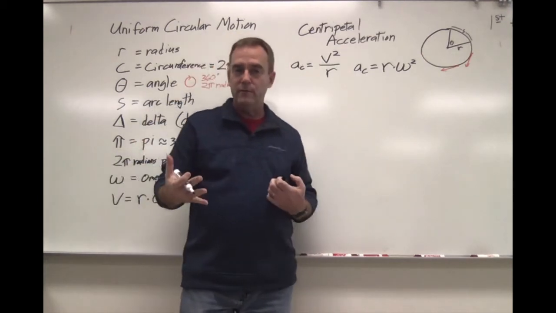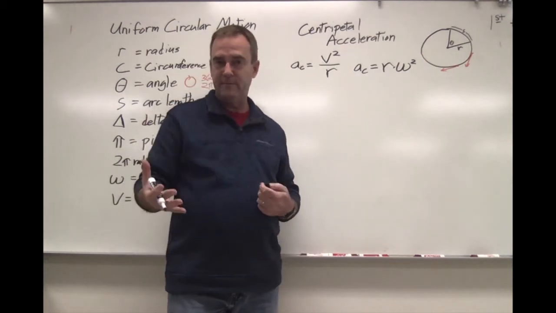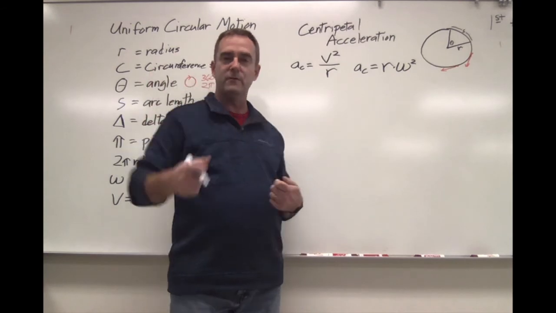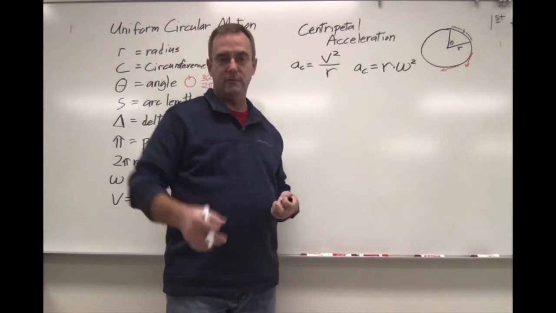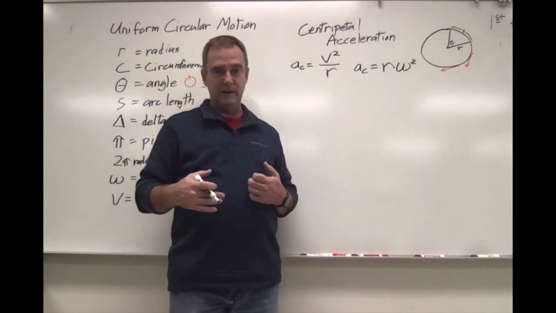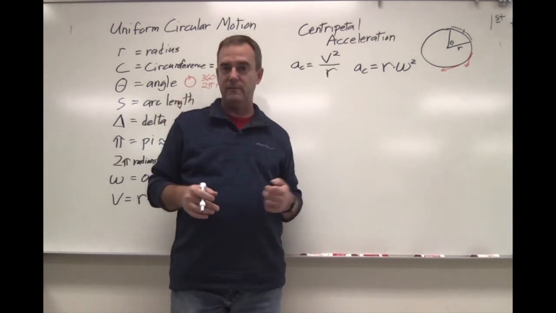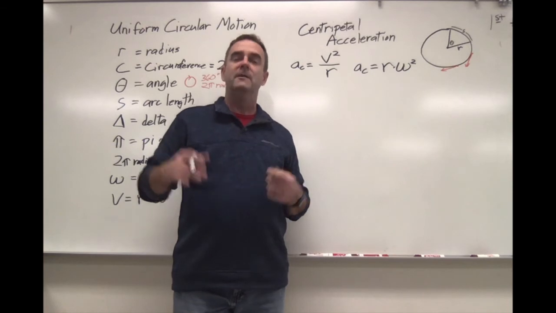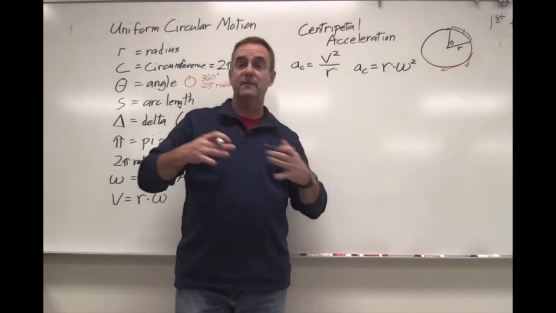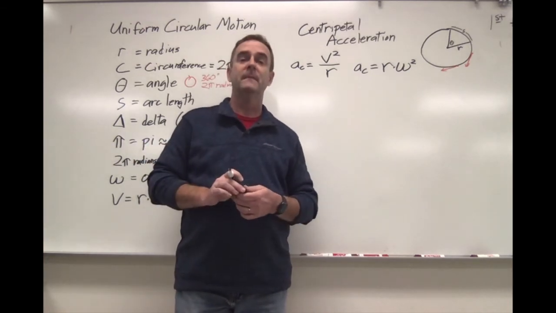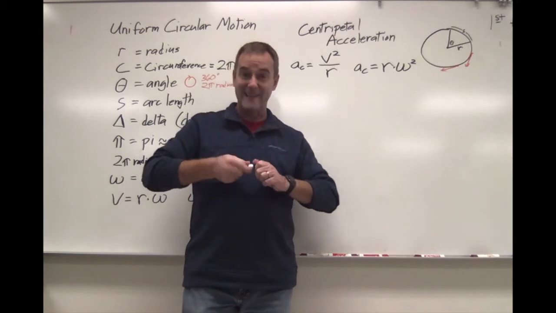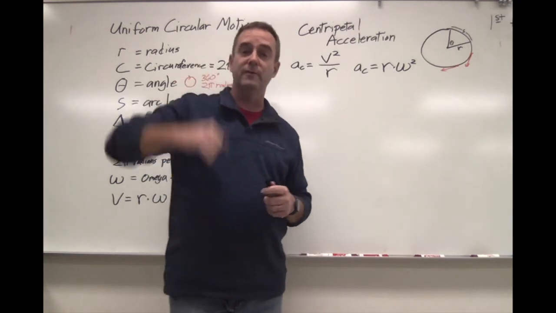Which one you use depends entirely on which piece of information you know. Do you know the linear speed? Do you know the angular speed? Do you want to know the linear speed, but you know the acceleration? Do you want to know the angular speed, but you know the centripetal acceleration? You use the formula that's appropriate to the units that you possess at that moment. And you can use those to determine exactly what the acceleration is toward the center.